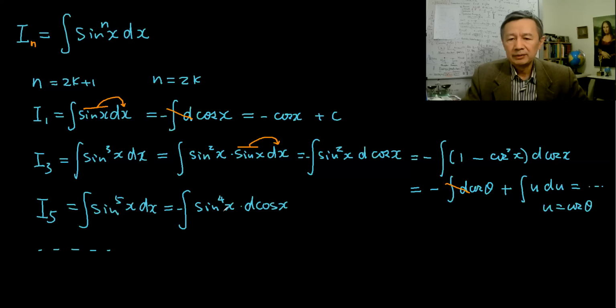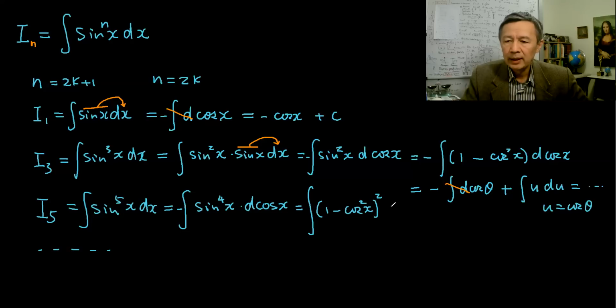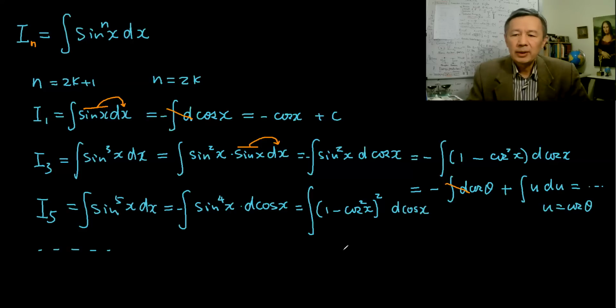You can arrange that sine to the power 4 in terms of cosine, for example. You can write it as 1 minus cosine squared x, squared, and d cosine x. So it's rather simple.